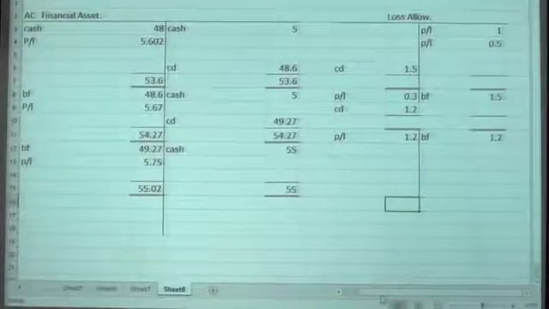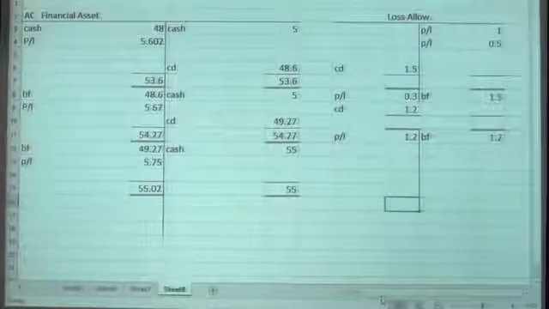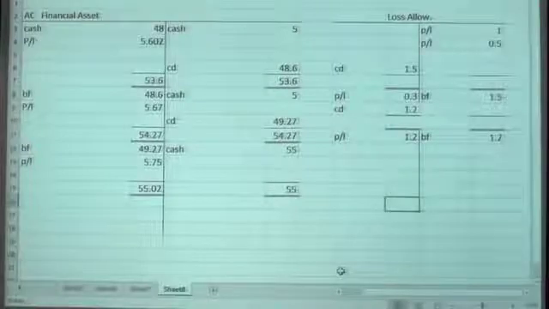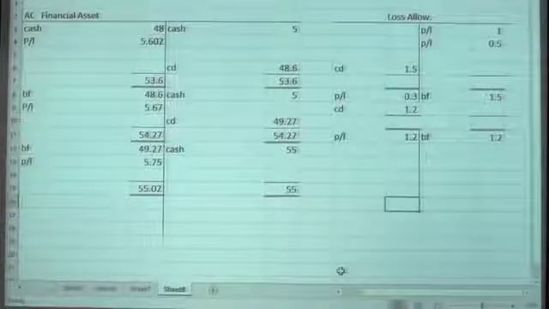I will show you. Yesterday we computed those figures. Right, these are the figures we discussed yesterday regarding the amortized cost financial asset. Now we need to discuss how you have to present this in the financial statements. In the balance sheet, under the non-current asset, you will take this financial asset.